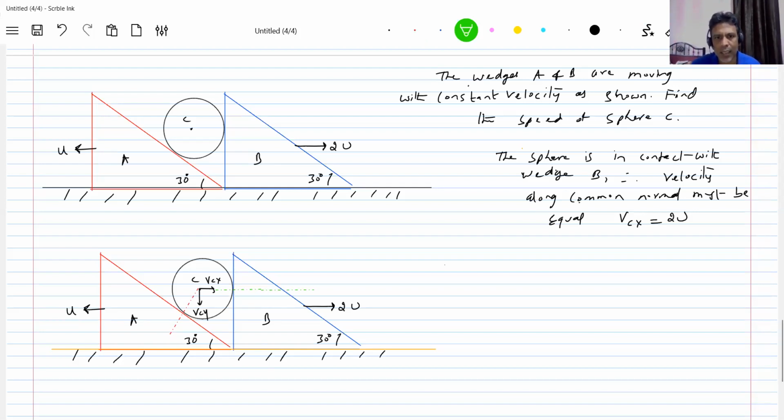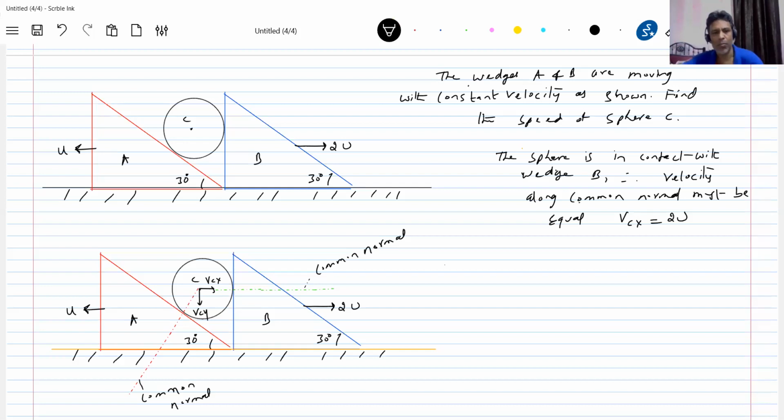I'll extend that line. These are common normals. This is the common normal between the sphere and the wedge B, and this is the common normal between the sphere and the wedge A.